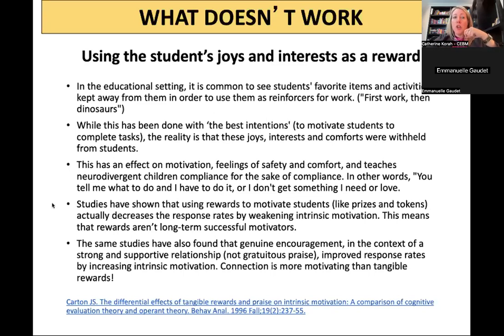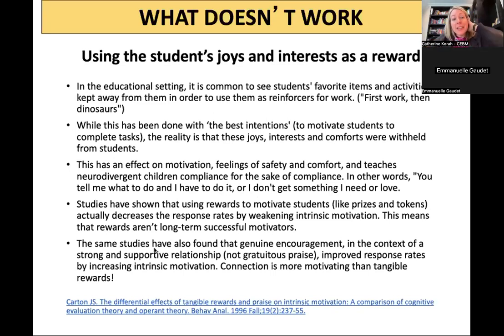In other words, you tell me what to do, and I'll have to do it, or else I won't get the thing that I love or that I want or that I need. And so you could see how, for a neurotypical person who's able to understand the intricacies of things, it impacts very differently than a child who takes things very literally.